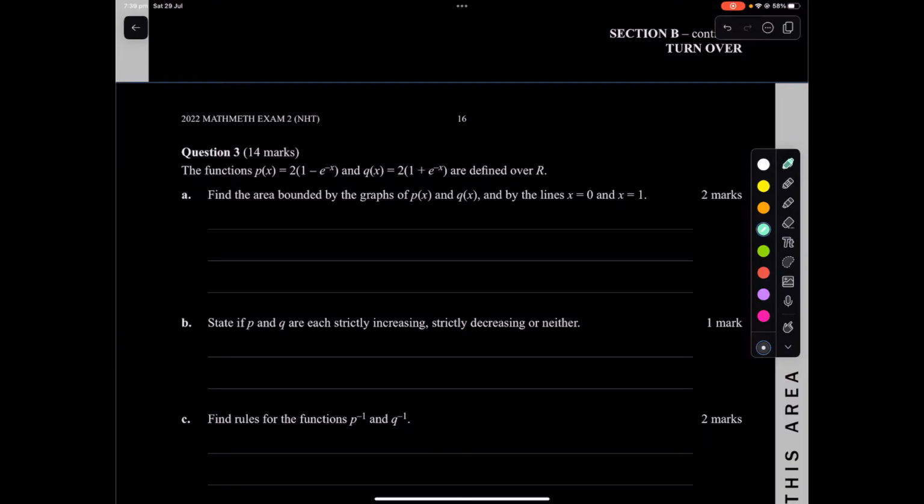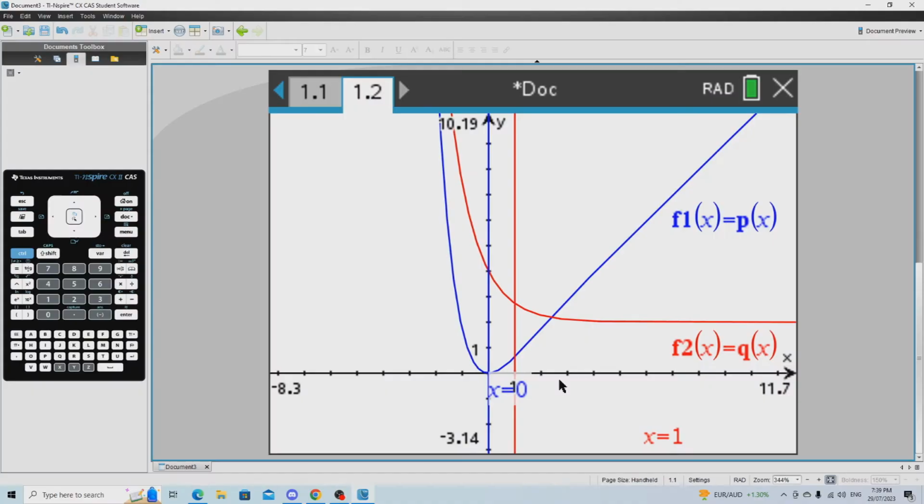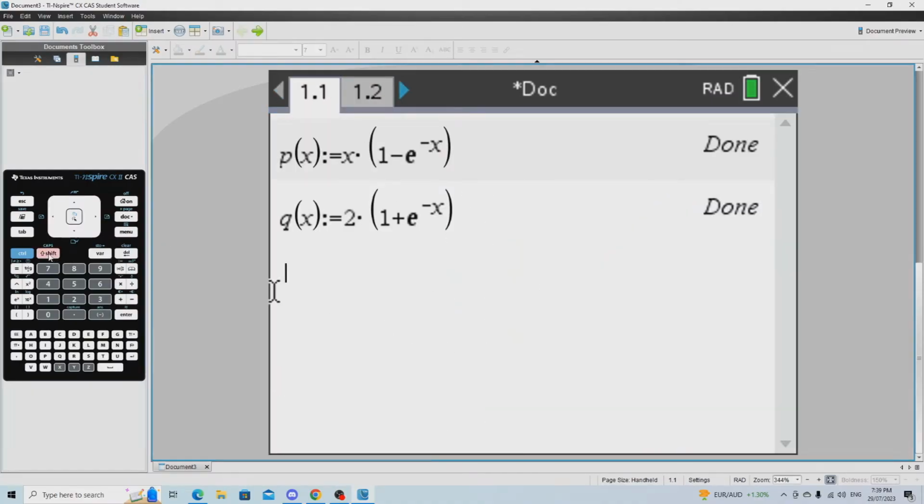So to do that, we want to find the area from 0 to 1. The upper function for this is q of x. So q of x minus p of x dx, from 0 to 1.